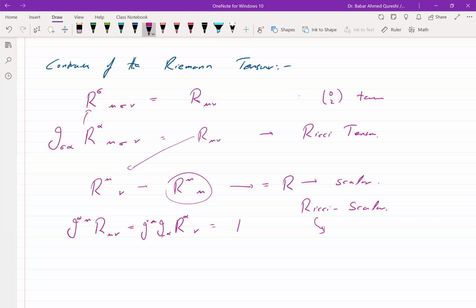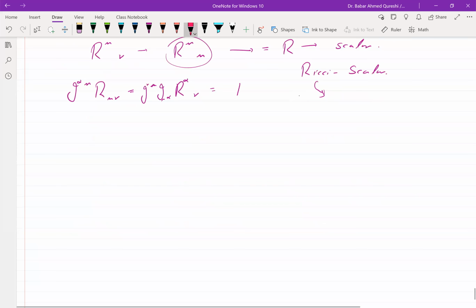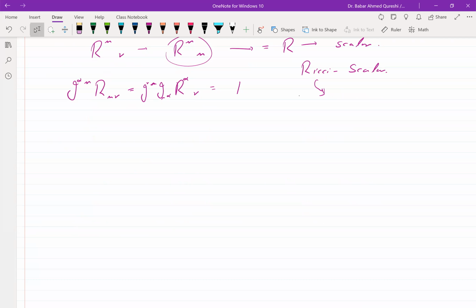Now, there's another very important property of the Riemann tensor, which I'm not going to prove now because this is in the homework.